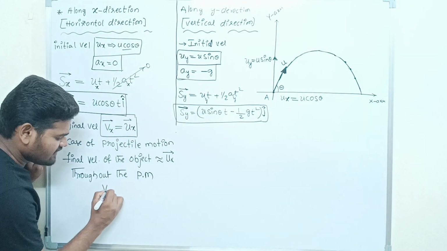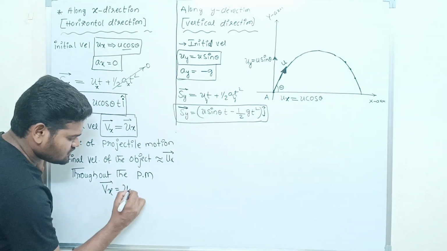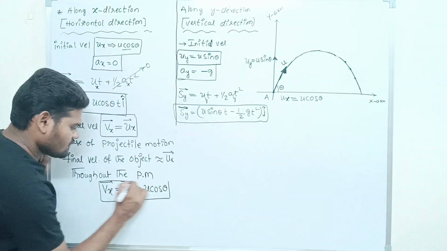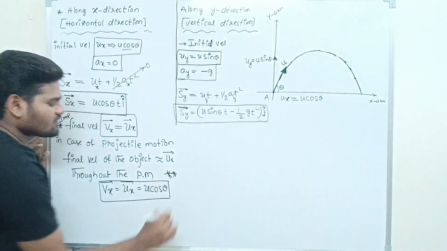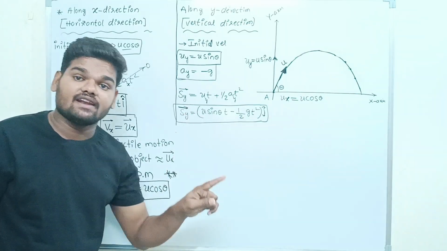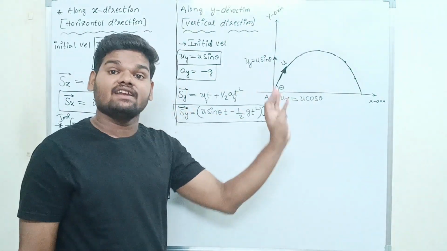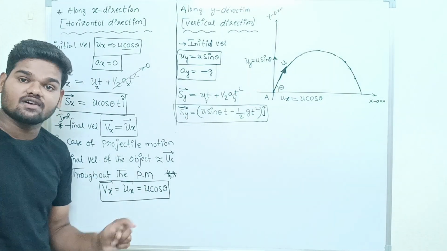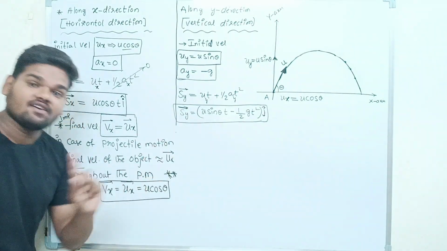That means the final velocity of the object Vx equals Ux equals u cos theta. Okay, so you should remember. The initial velocity and final velocity of the projectile body along x direction are the same. What is that? Vx equals Ux equals u cos theta. This is the initial velocity and this is the final velocity.